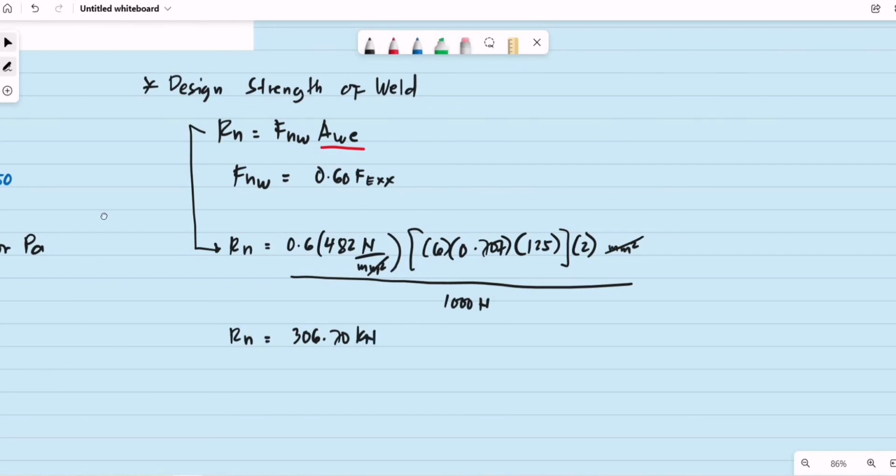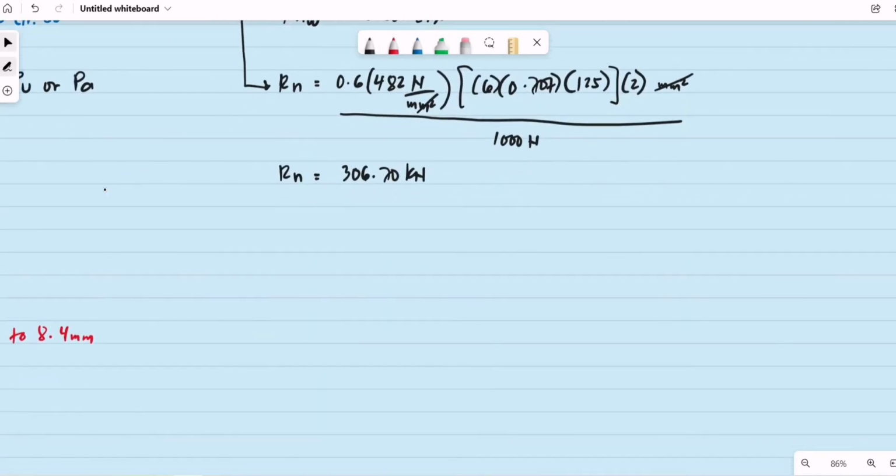kilonewtons. Then for the two methods, for the LRFD, we have a reduction factor of 0.75. So we have the design strength, phi R sub n, equal to 0.75 multiplied by 306.70.